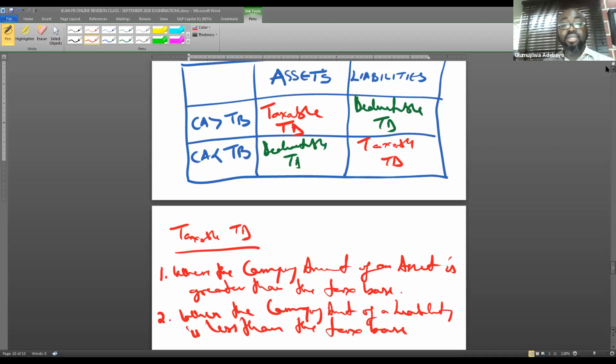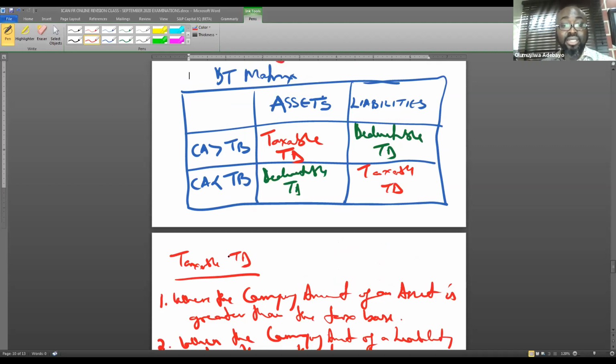It's explaining that at these two points, for an asset, carrying amount is greater. At this point for liability, carrying amount is less than, and that's what it means.